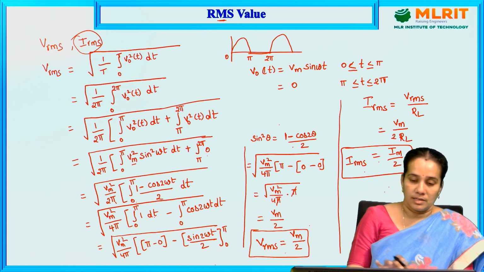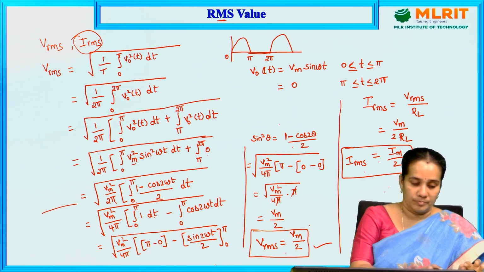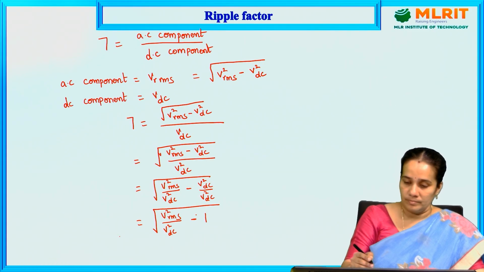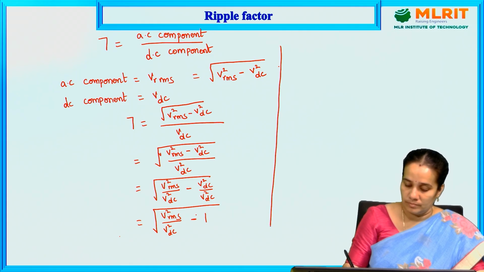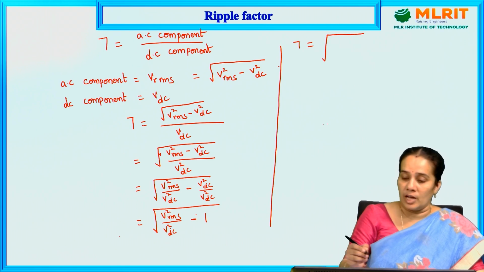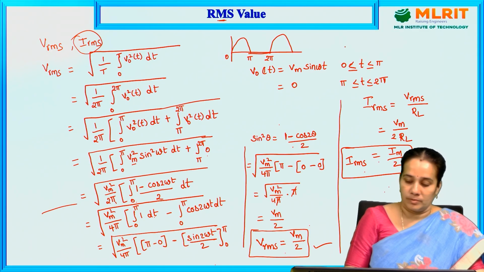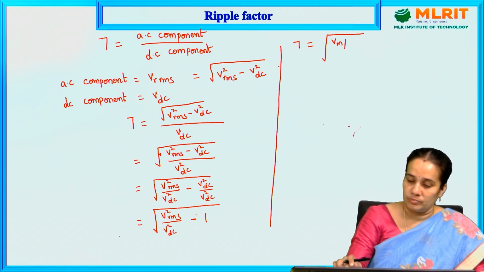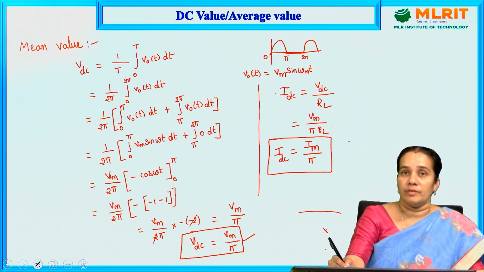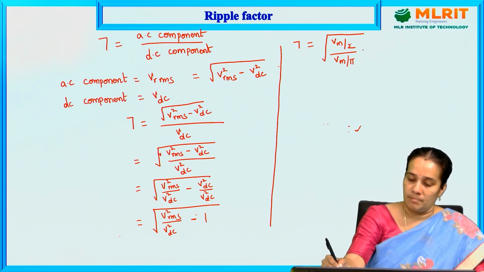In the last slide we already discussed the VRMS value, Vm by 2, and the VDC value, which is nothing but Vm by pi. Therefore ripple factor tau is equal to under root of V square RMS, which is Vm by 2, whole square, by V square DC, which is Vm by pi, whole square, minus 1.